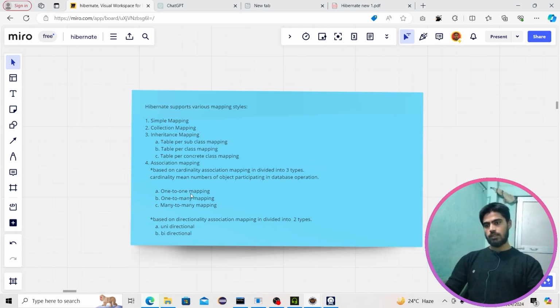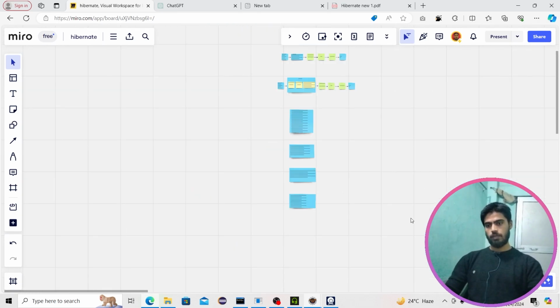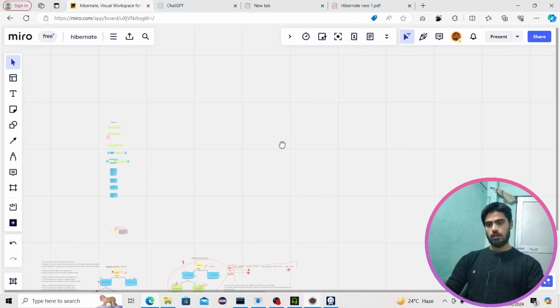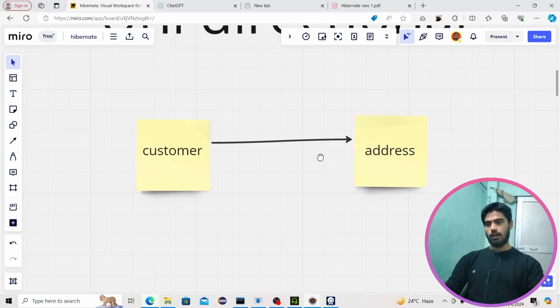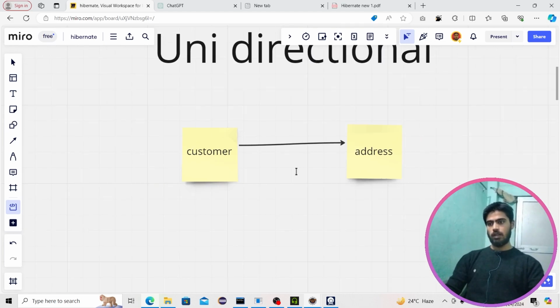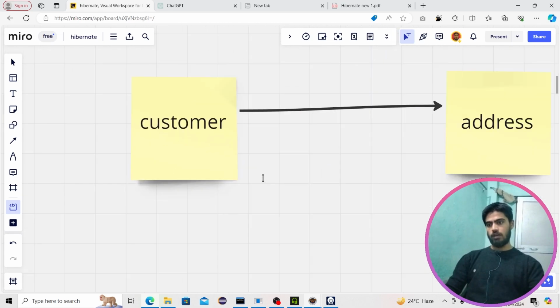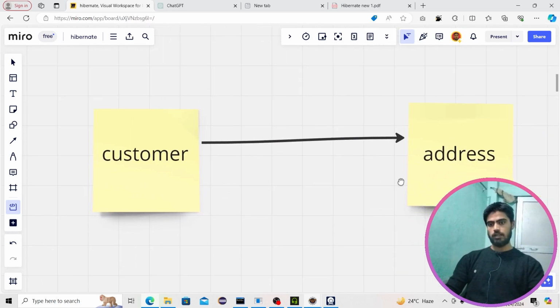So let's first understand what association mapping is with the help of diagrams. Suppose we have two classes, customer and address. There should be some relationship between customer and address. Remember, when we have a student class and a current student class, there is a relationship between those classes.